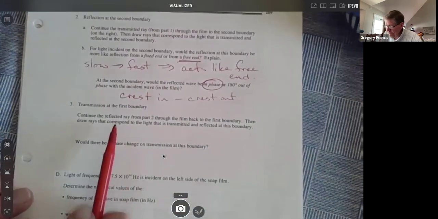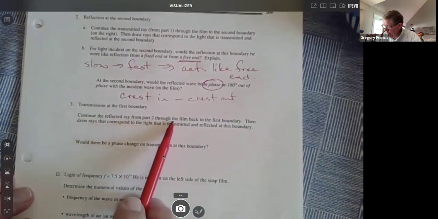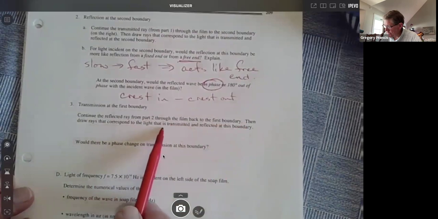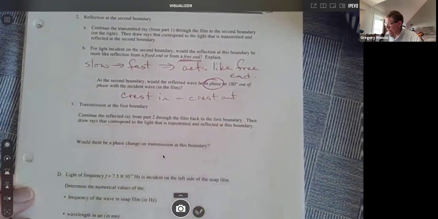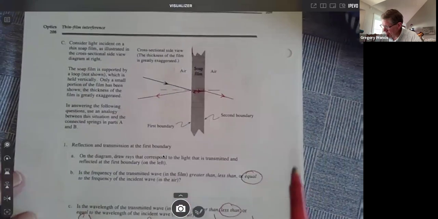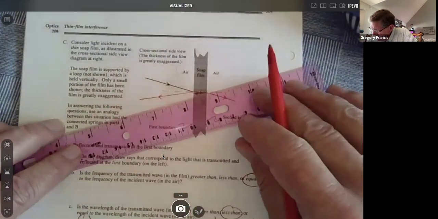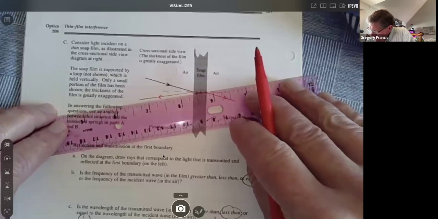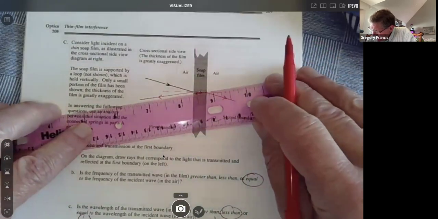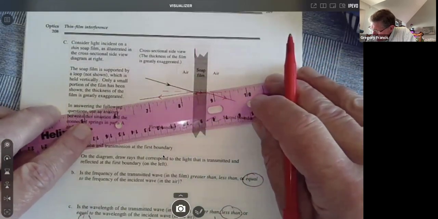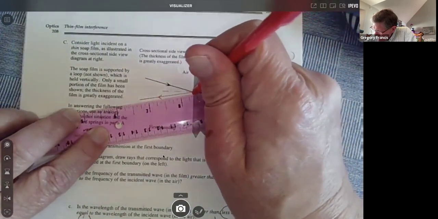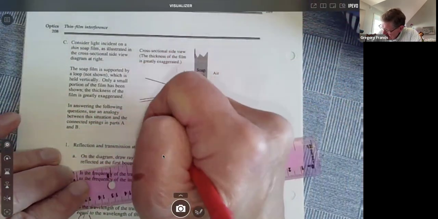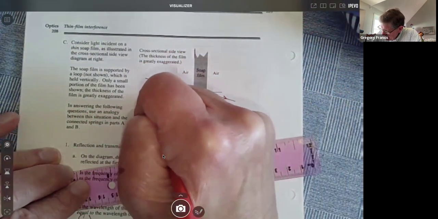Now, continue the reflected ray from part two through the film and back to the first boundary. Then draw rays that correspond to the light that is transmitted and reflected at this boundary. Well, this is getting messy, isn't it? So here I'm going to have the transmitted wave come out. And again, we can argue that this one is going to come out parallel to the one that was reflected off the first surface.